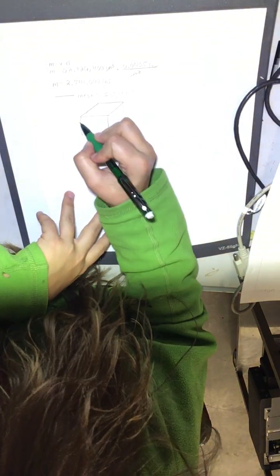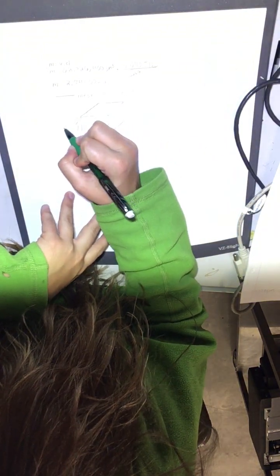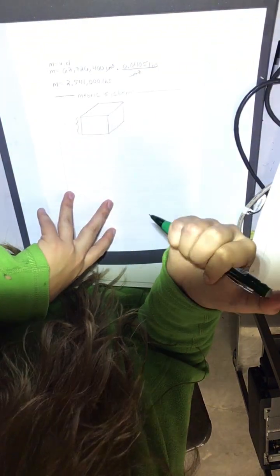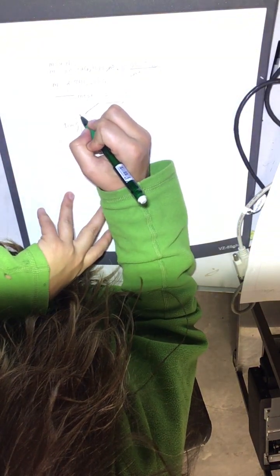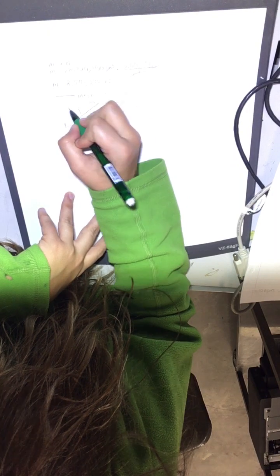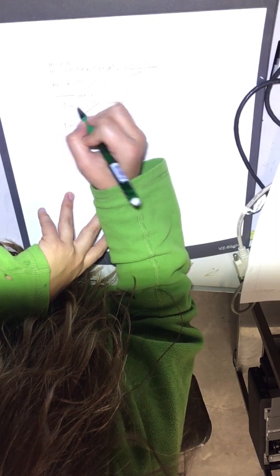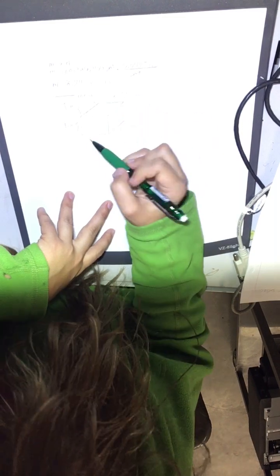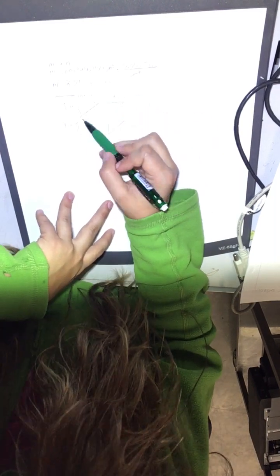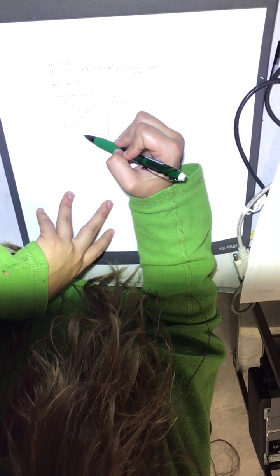But we know that there's this weird thing called the centimeter, and we have 1 cubic centimeter. And again, this is a thickness, this is a depth, this is a height, whatever you want to call this.